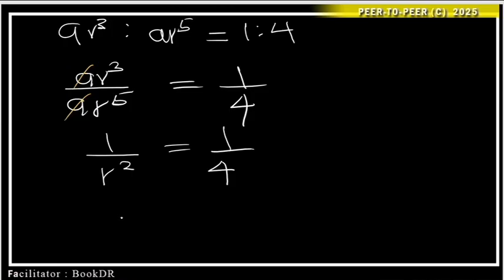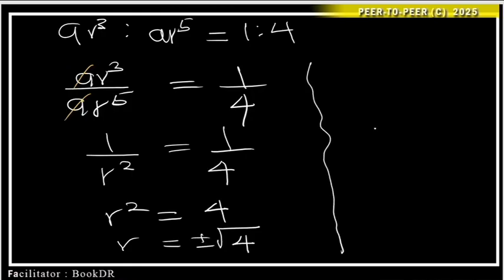Cross multiplying, we have r squared is equal to 4. So r will be equal to positive or negative square root of 4. So our common ratio will be positive or negative 2.